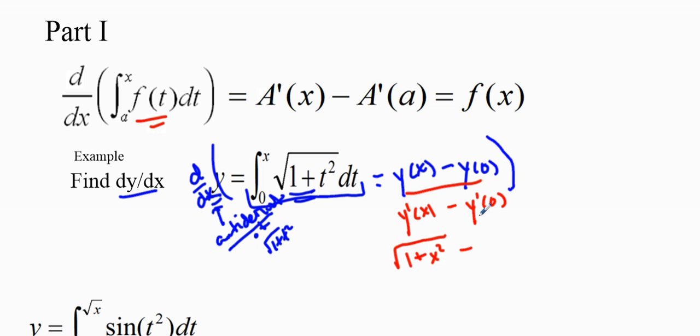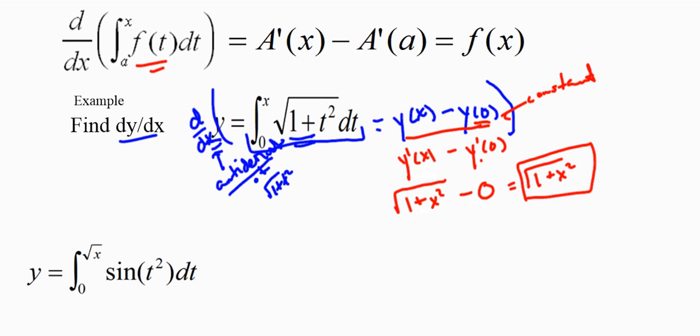Now, y of 0 is a constant, and the derivative of a constant is 0. So the derivative of y, which equals this integral, is simply the value inside with respect to x. And that's our answer.